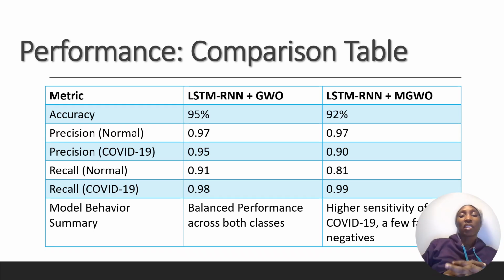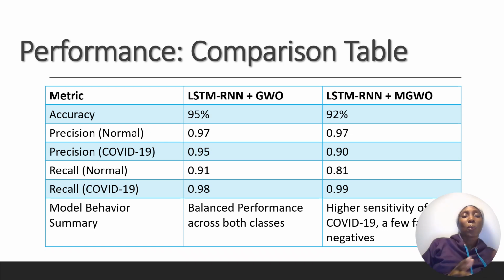In terms of precision for normal, they had the same value, but for COVID-19, the Grey Wolf used with the hybridized LSTM RNN had the highest precision value over the LSTM RNN with the modified Grey Wolf model.